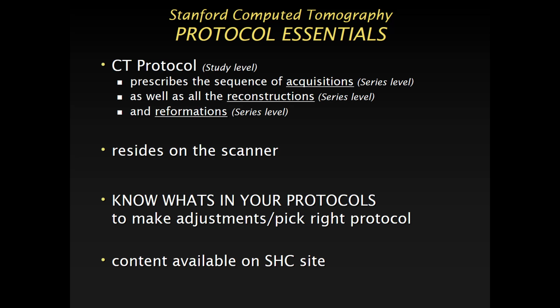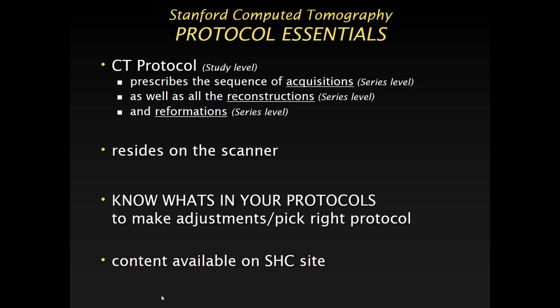So the true protocols, the true exact prescription of what has to happen for an acquisition, is not on paper, but it actually resides on the scanner. It's on the scanner where you can truly pick the protocol for a given acquisition.